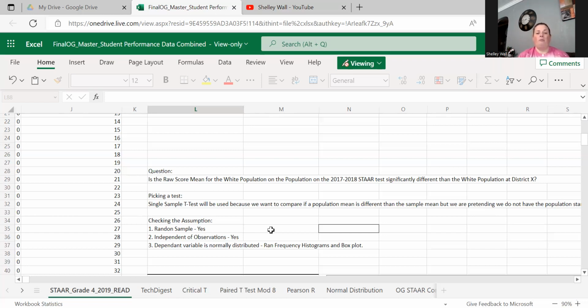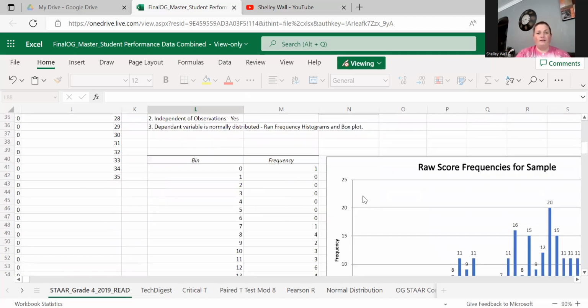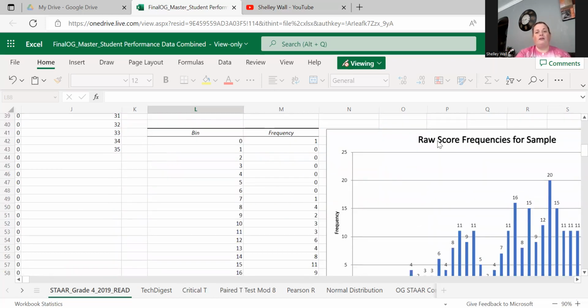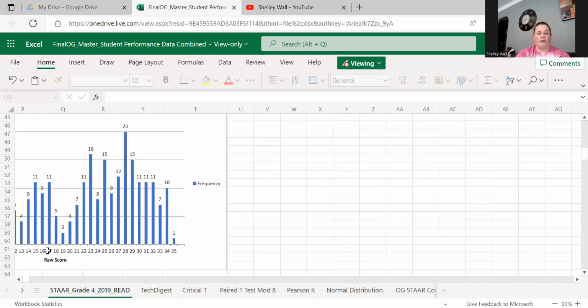Well, we're going to figure this out by running histograms and box plots. As you get more advanced in statistics, there are other ways that you can check this and other tests you can run to look for normal distribution, but we're going to stick with histograms and box plots. So let's take a look. All of this is done through data analysis. The first thing I did was create a histogram to look at my raw scores.